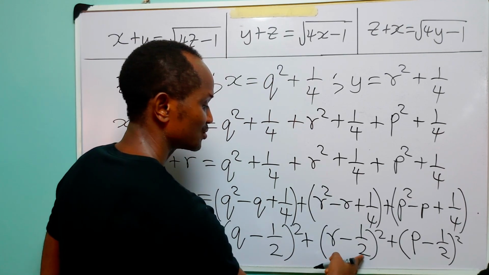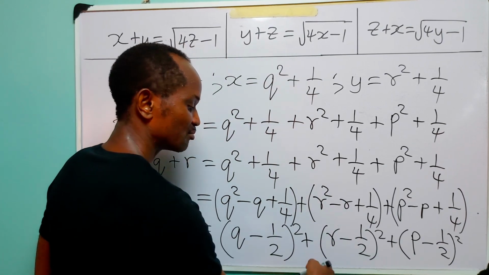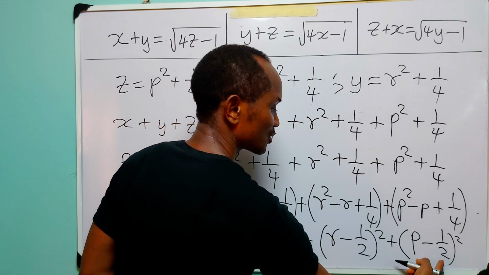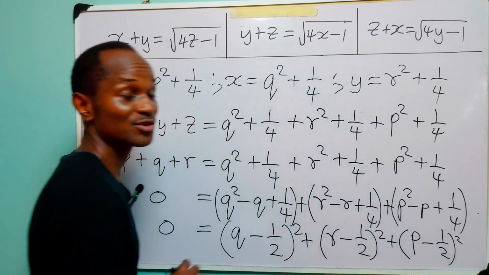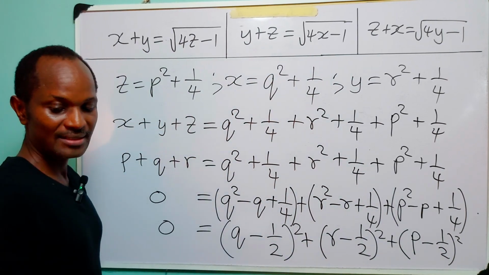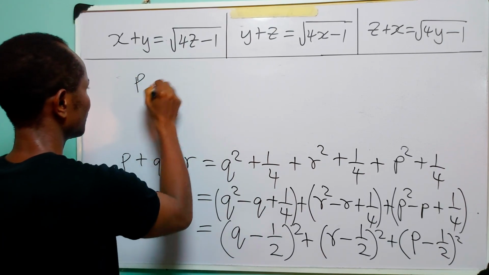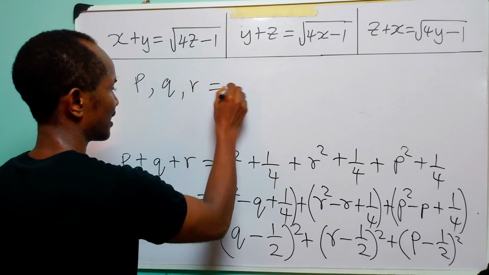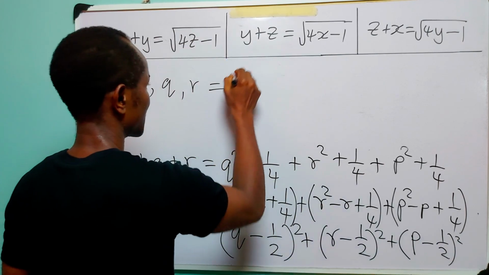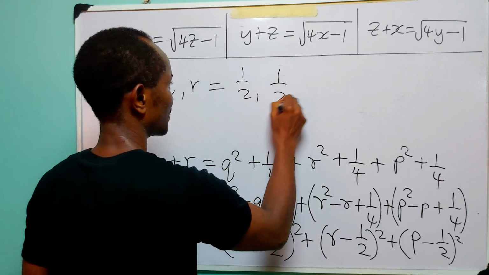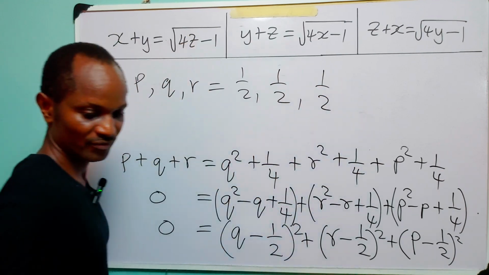Here, when you substitute half for R, this bracket will be 0. And here, when you substitute half for P, this is going to be 0. So we find that the values of P, Q, and R that satisfy these equations are half, half, and half.